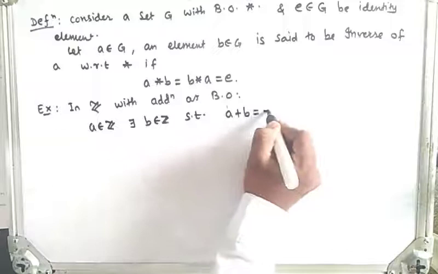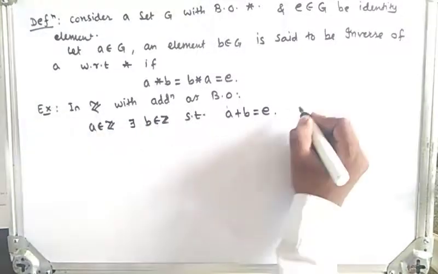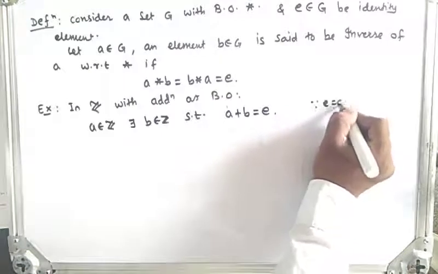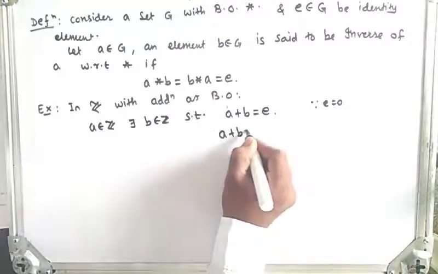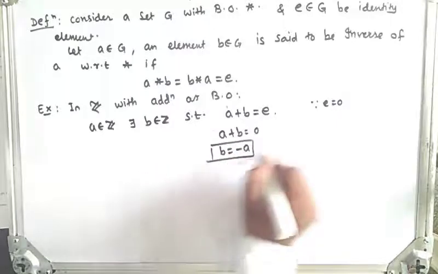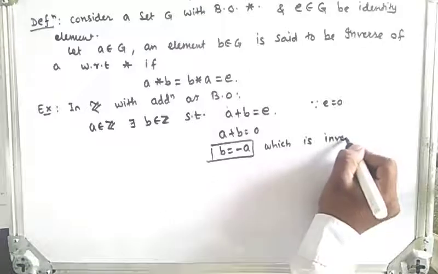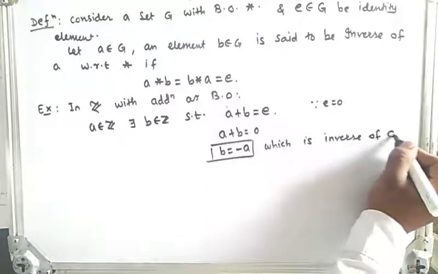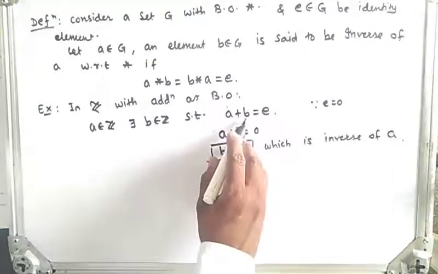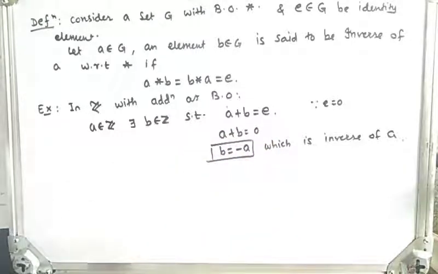So what is the identity element? In the set of integers, 0 is the identity, so e is equal to 0, right? So a plus b is equal to 0 means b is equal to minus a, which is the inverse of a, right? Because a plus minus a is 0.